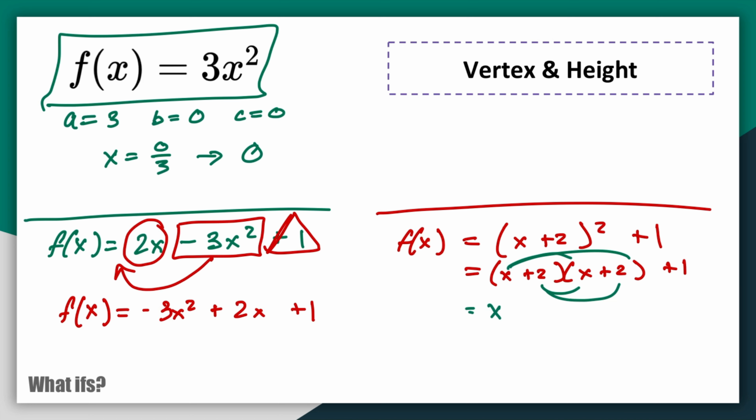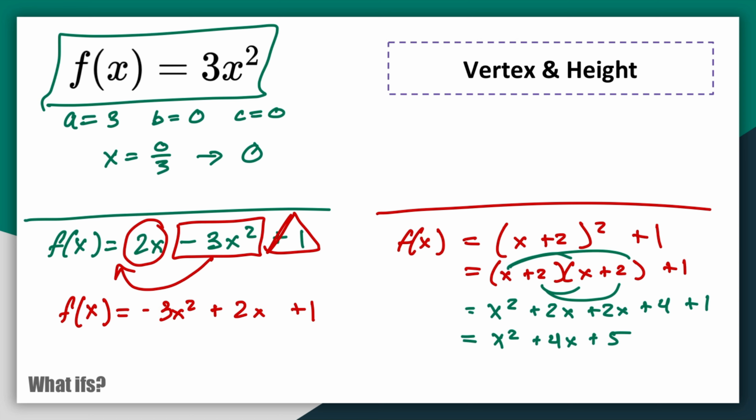So x times x is x squared, plus 2x plus 2x plus 4, plus 1. Now I went through that really quickly. You may not see something like this in this lesson, but I'm just trying to cover any questions you might have had. So we end up with x squared plus 4x plus 5. Boom. We went from vertex to standard form. Now we can use the standard form method. Totally fine. And there are even ways to go from standard to vertex.